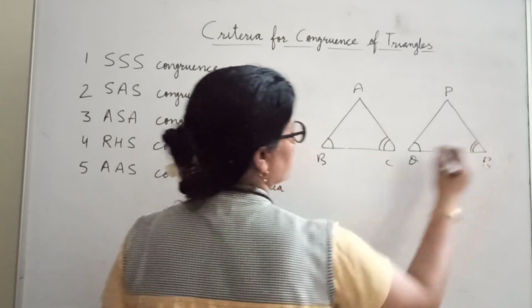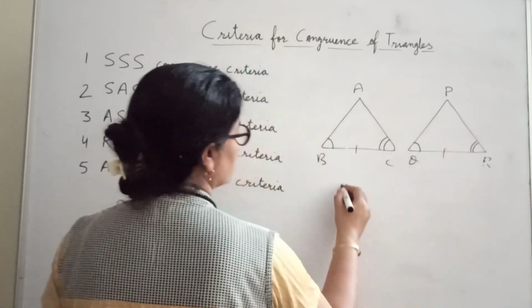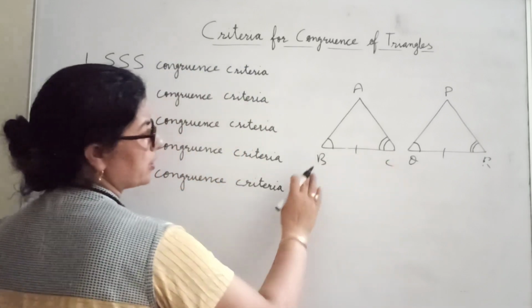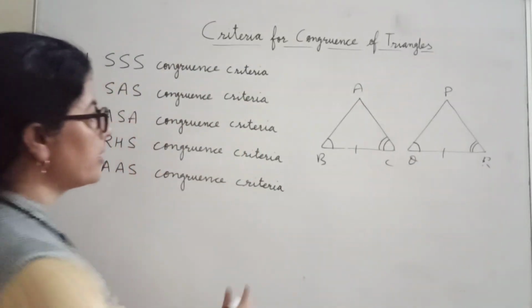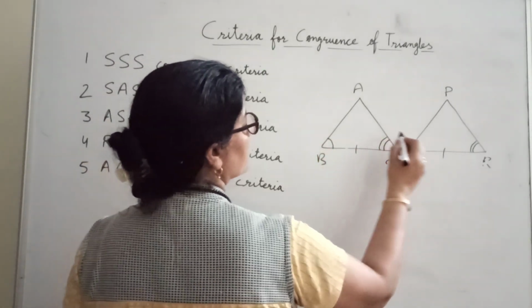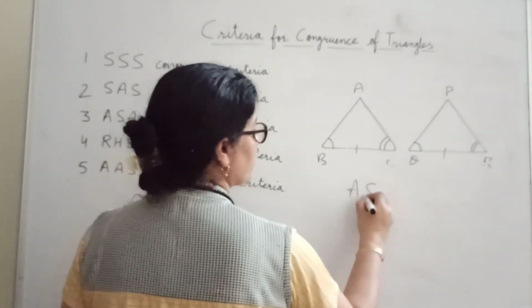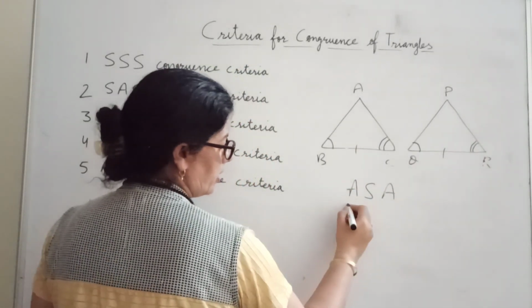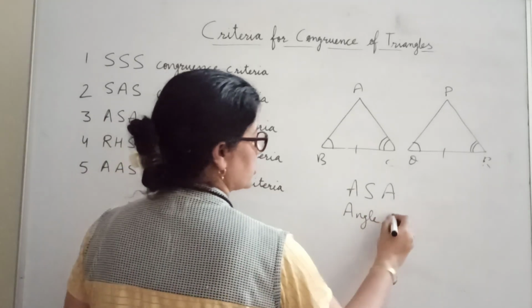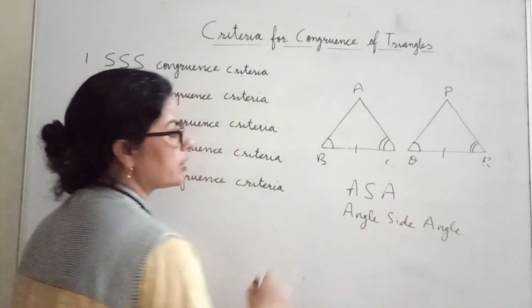Two angles are equal, and the included side means this side is equal to this side. Then we will say that these triangles are congruent by the ASA rule. Angle, side, angle. What is the rule here? ASA, angle, side, angle. This is the rule.